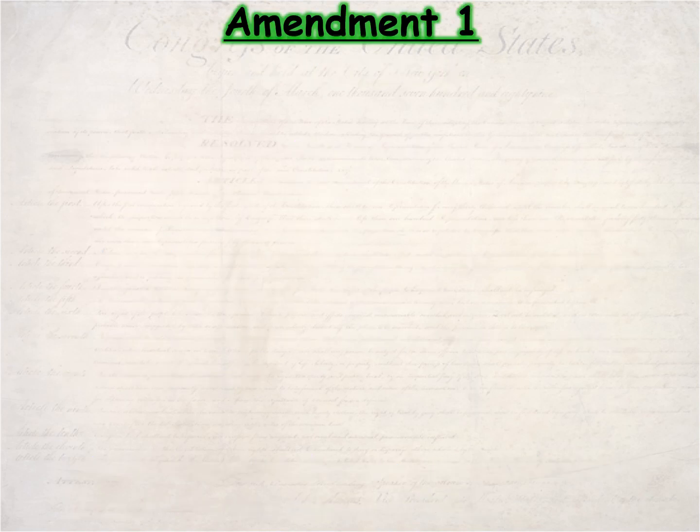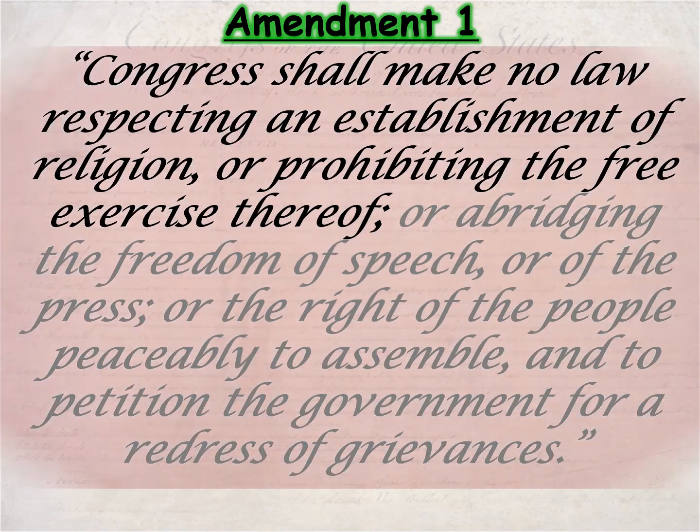Okay, Amendment 1, I thought it might be a good idea for us to start first with religion. Amendment 1 says that Congress shall make no law respecting an establishment of religion or prohibiting the free exercise of. I hope you can tell that that says two very different things.